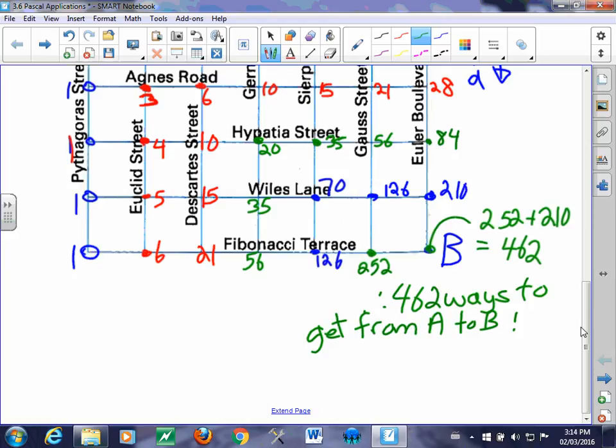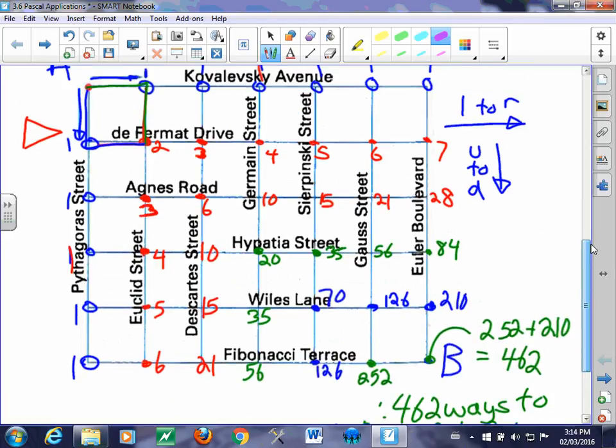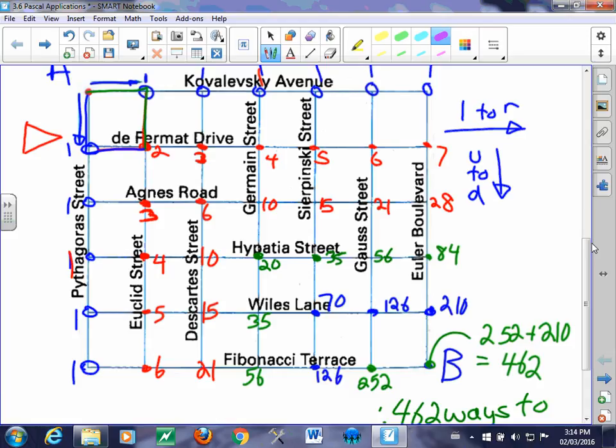Okay. All right. You say, okay, that's great, Miss R. We see the pattern, but how could we have just used our Pascal's diagram right away? So I want to figure out what's the shortest path you could have taken to get from A to B. Okay, so we could try the diagonal. Doesn't really matter. Let me try a highlighter again.